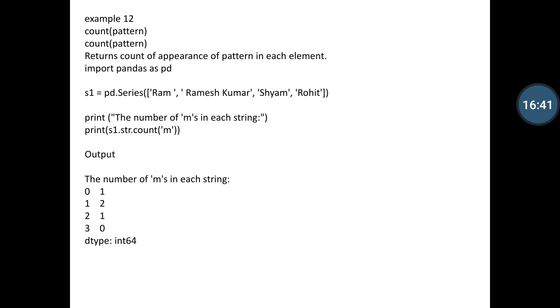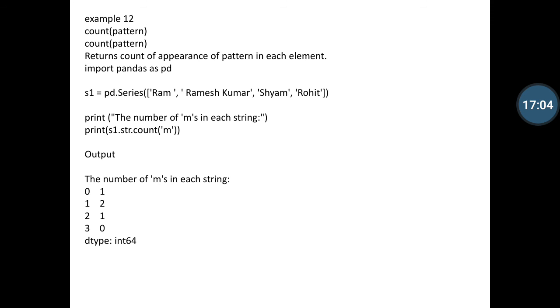So in this question it counts the occurrence of M in the string values defined in our pandas Series. After that it executes. You can notice here at the 0th position your answer is 1.